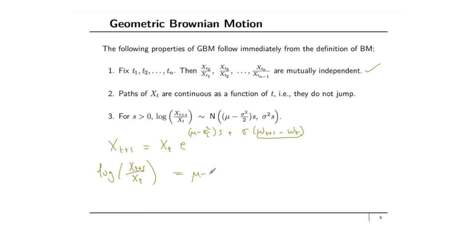It's equal to mu minus sigma squared over 2 times s plus sigma times wt plus s minus wt. This is normal with mean 0 and variance s, and so this quantity is normal with mean mu minus sigma squared over 2 times s and variance sigma squared s, which is exactly what we have here.